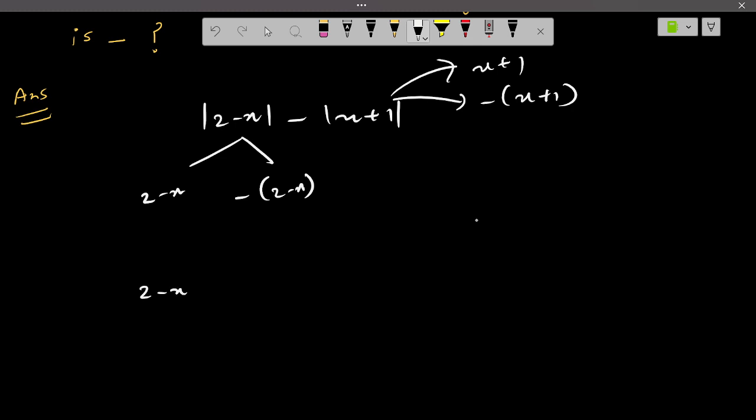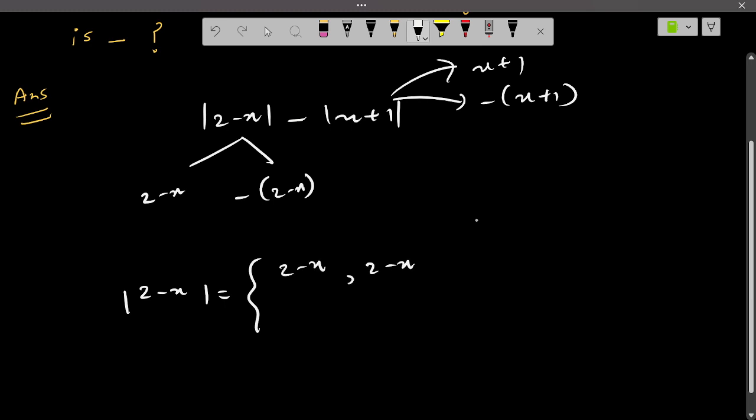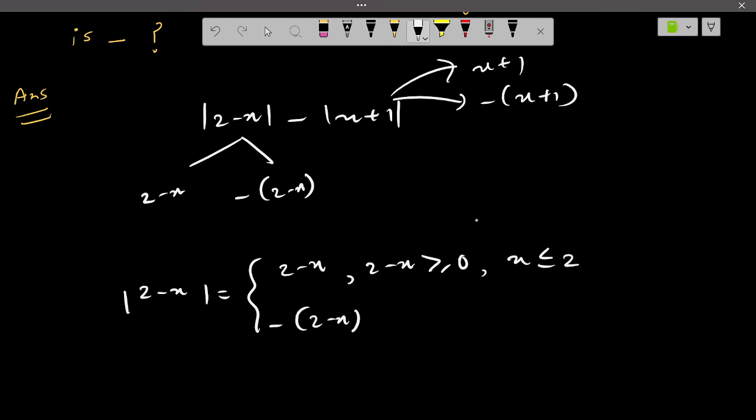For mod of 2 minus x, we have 2 minus x, and the condition is 2 minus x has to be positive. From there I can write that x is less than 2. And the next one is minus of 2 minus x, where 2 minus x is less than 0. From there I can say x is greater than 2.